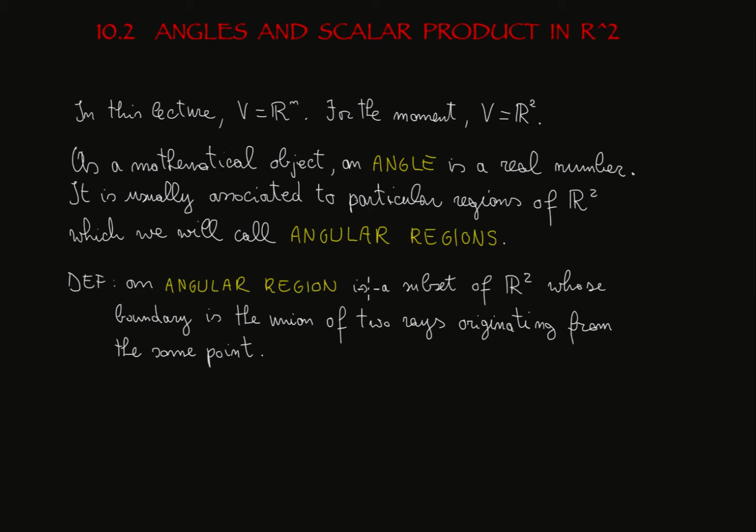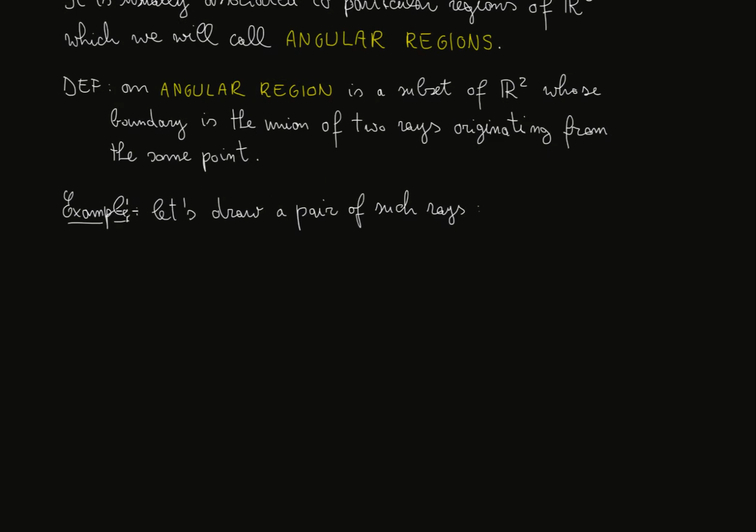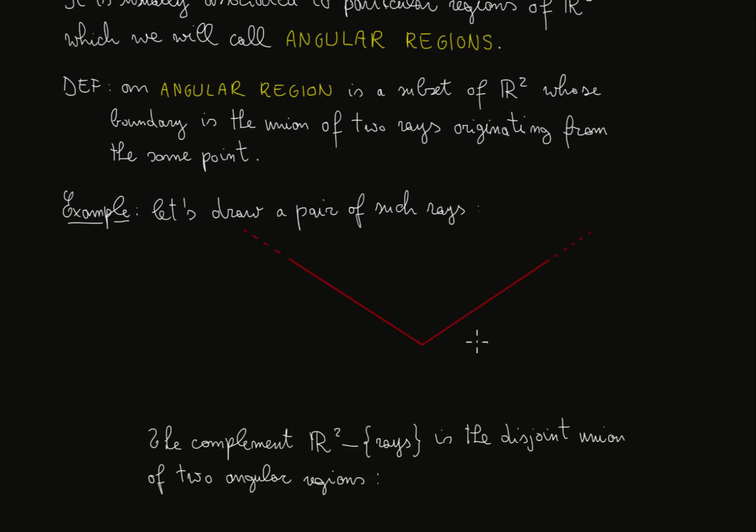Definition: an angular region is a subset of R squared whose boundary is the union of two rays originating from the same point. Let's make an example and draw a pair of such rays. The complement, R squared minus the union of the two rays, is the disjoint union of two angular regions.